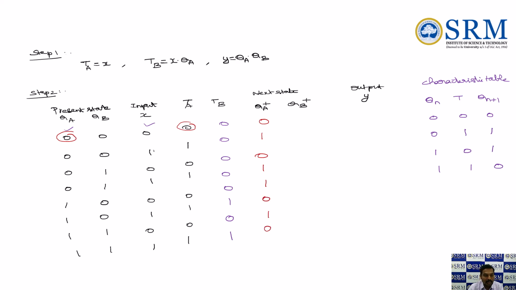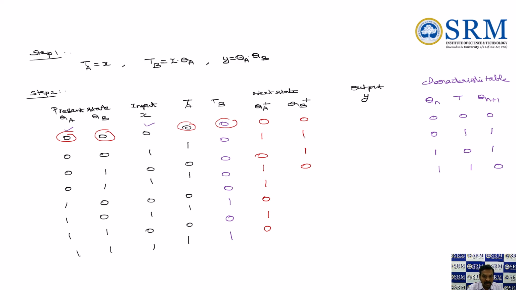Then for QB plus, I have to refer this QB with this TB. Okay, 0 0 0 0 1 1 1 0 1 1 1 0 0 0. Just a minute. So 0 0 0. Next 0 0.